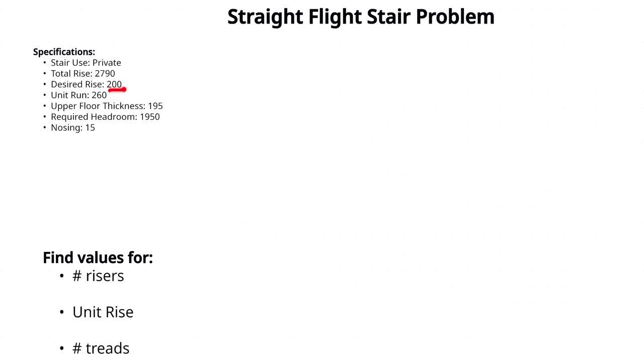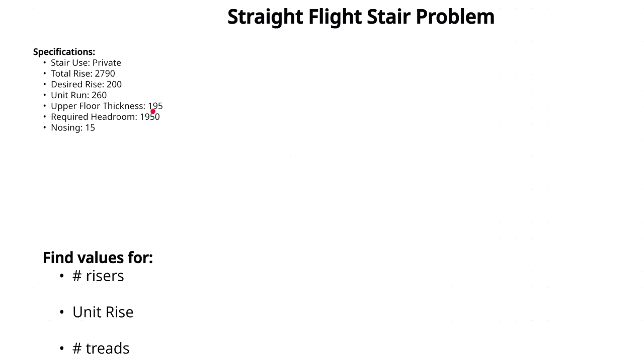This is a number that's important to remember. As per the National Building Code here in Canada, the unit rise for private stairs is 200. That's the maximum. So when we figure out our unit rise, we need to be mindful to stay below that. Unit run is given to us at 260.